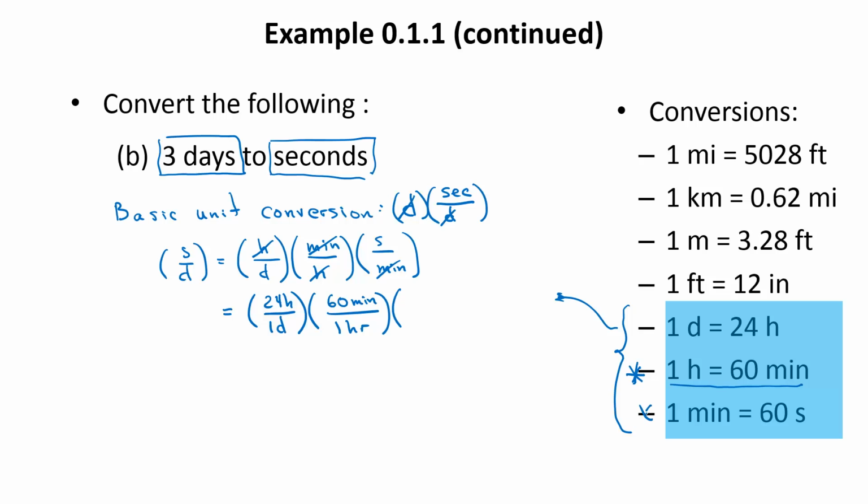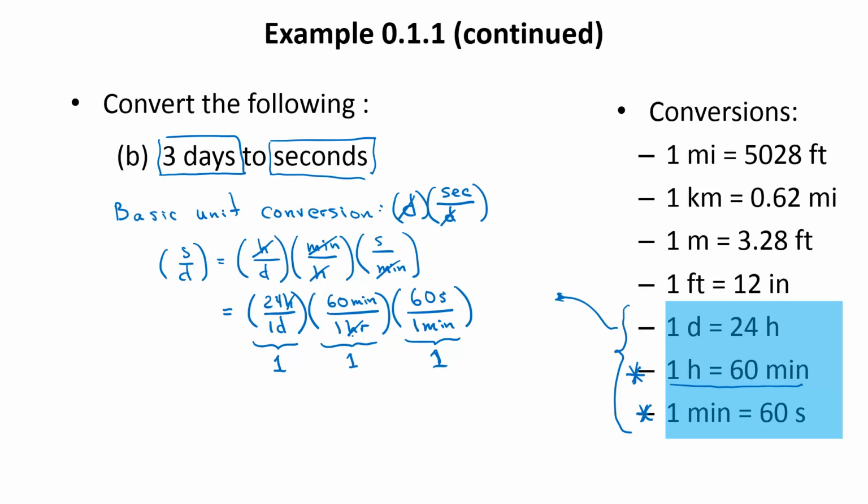And finally, this one gives me the seconds per minute conversion. Dividing both sides by minutes gives me 60 seconds over 1 minute. Remember that each of these is set up so that it equals 1 with no units. So I can multiply anything by 1 without changing it.